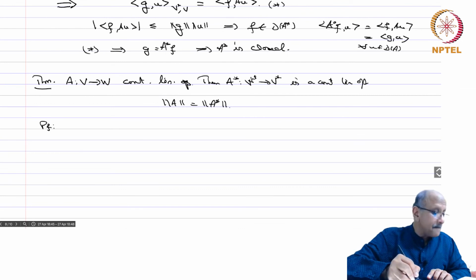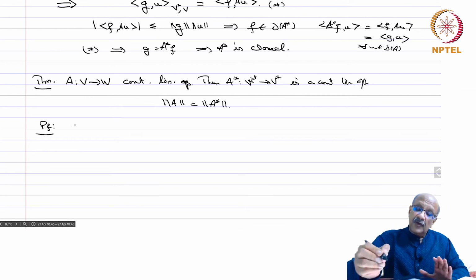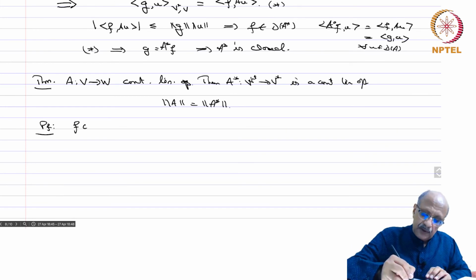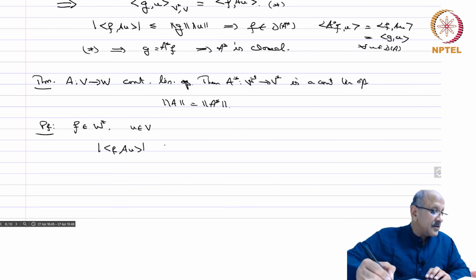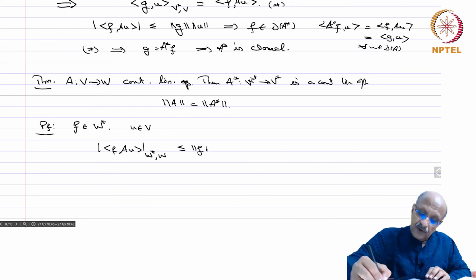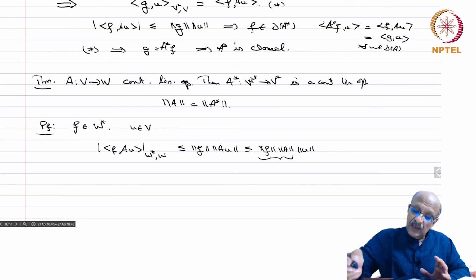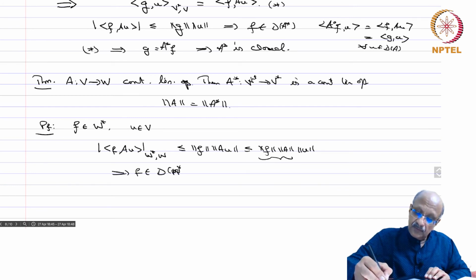Proof. We have to show first of all that the domain is the whole of W*. So, let f belong to W*, and u in V arbitrary. Then |f(Au)|, with f from W* acting on W, is less than or equal to norm f times norm Au, which is less than or equal to norm f times norm A times norm u, and therefore this is some constant C, and this implies that f belongs to D(A*).